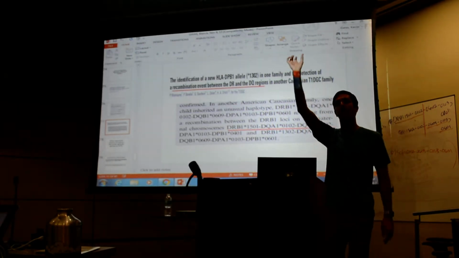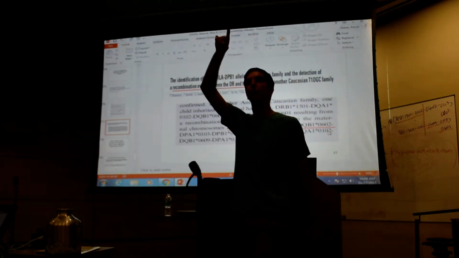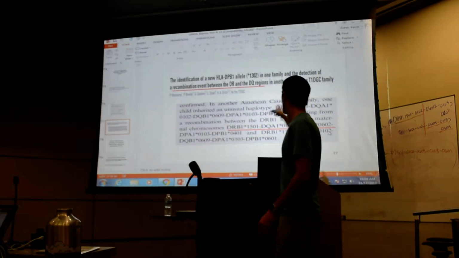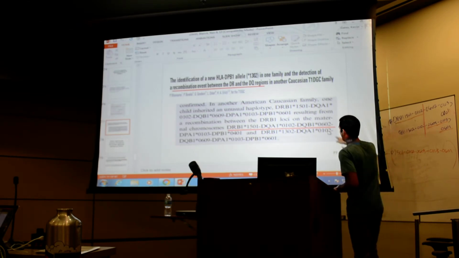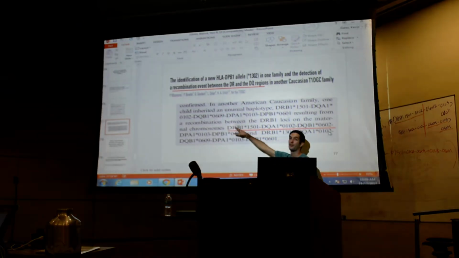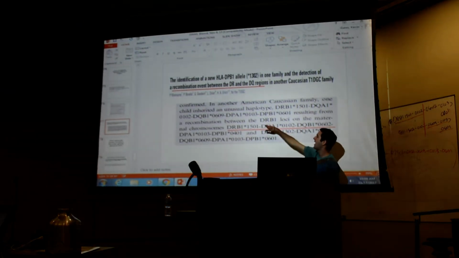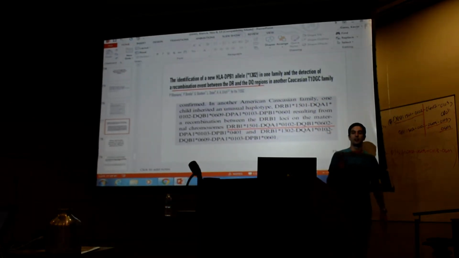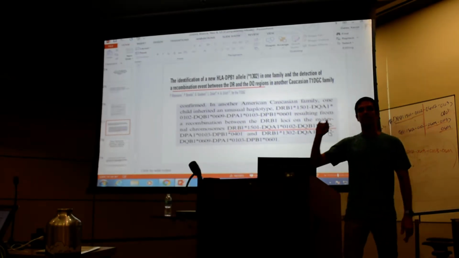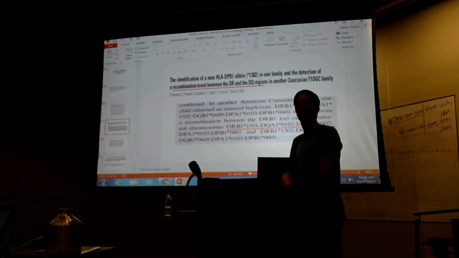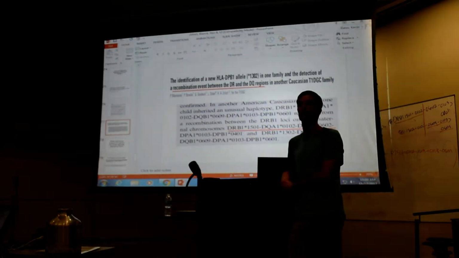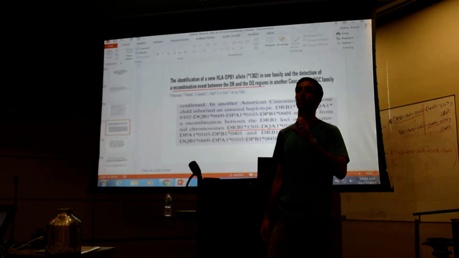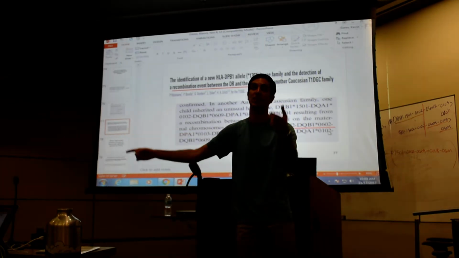If I identify the block and I know that all the disease patients have it, let's say everyone that has this block has the disease. What that tells me is that one of those genes is screwed up. But do I know for sure which one it is, which of those DRs or DQs? That's one of the limits of using haplotype blocks. I can never know for sure that it's this gene within the block and not that gene.